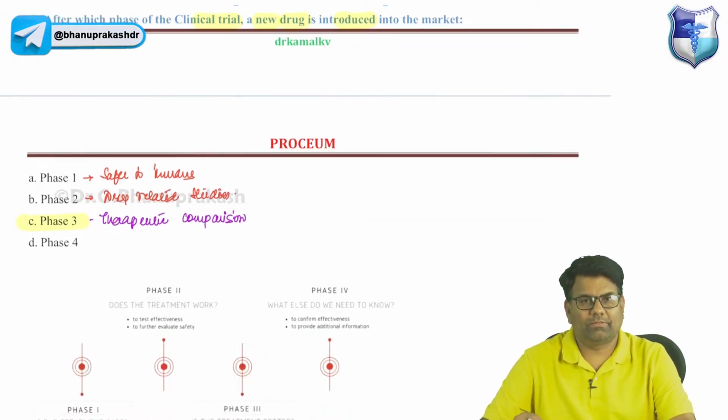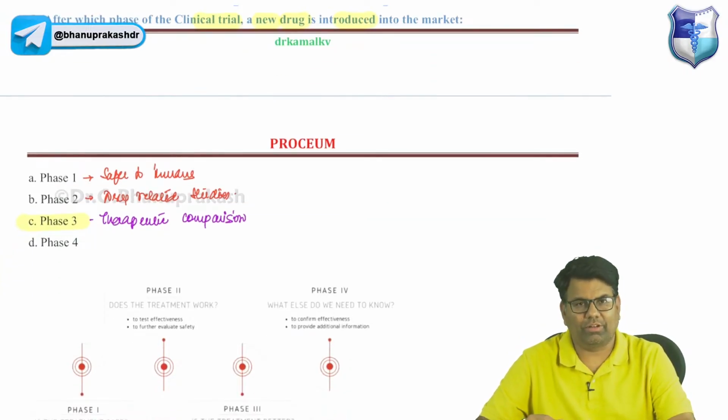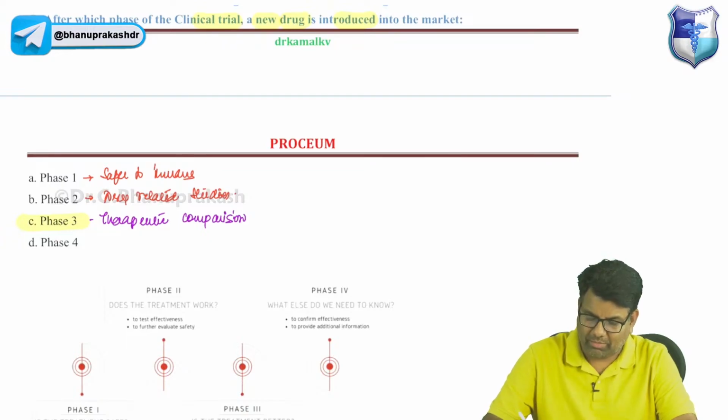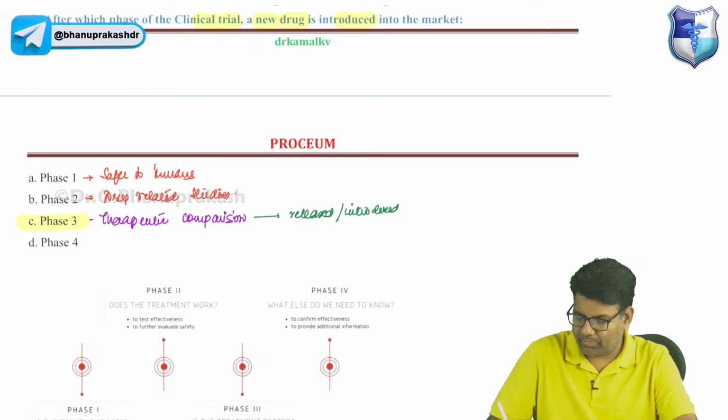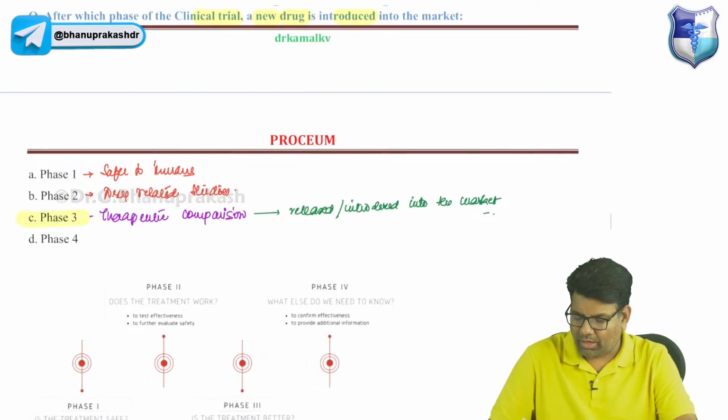And once we are sure that the drug is better than the already available option in the market, we will release the drug into the market. The drug is released, introduced. Clear?